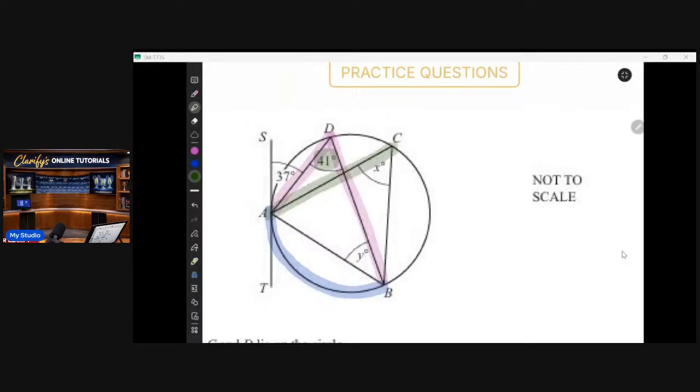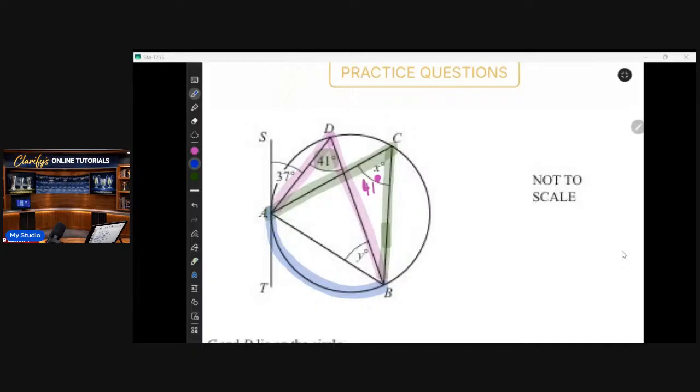Yes, it does, sir. Arc AB makes angle X. Oh, really? Yes. Where is angle X? It's also at the circumference. So automatically we know that it's also 41 degrees. Because the angles that are at the circumference, if they are made by the same arc, and if they are in the same segment, then they are equal. What do you mean they're in the same segment?